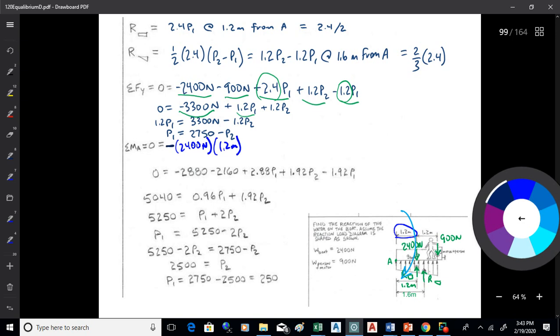So that'll get a negative. And then I've got 900 newtons. And 1.2 and 1.2, that makes 2.4 meters. And once again, that's going to come around clockwise, so that's going to get a negative.